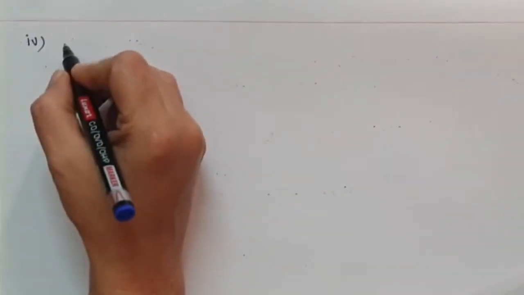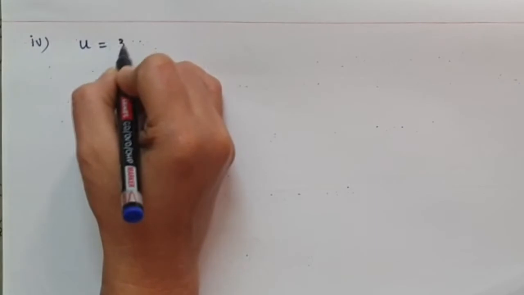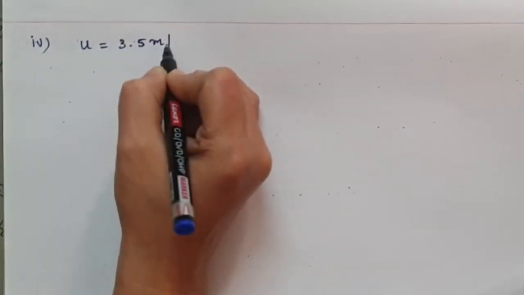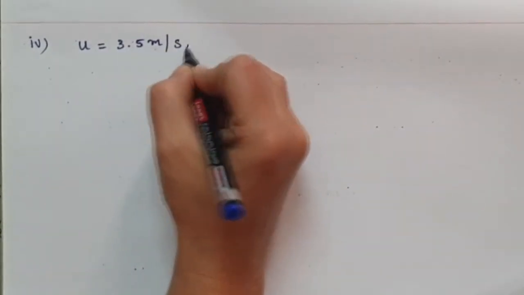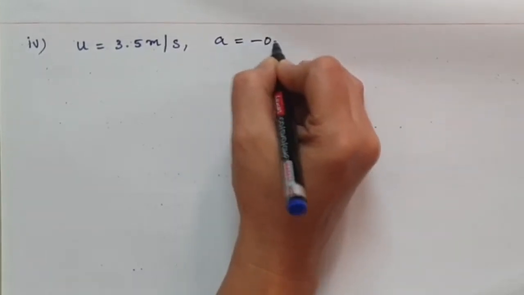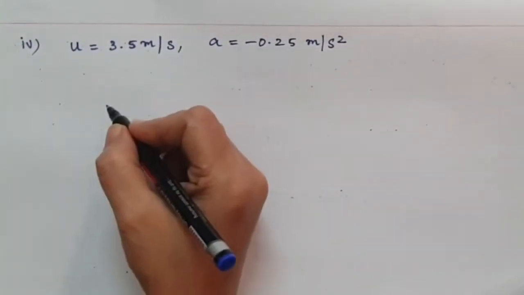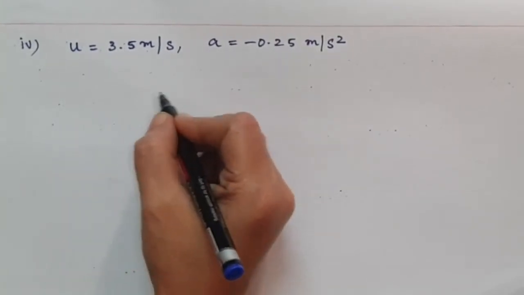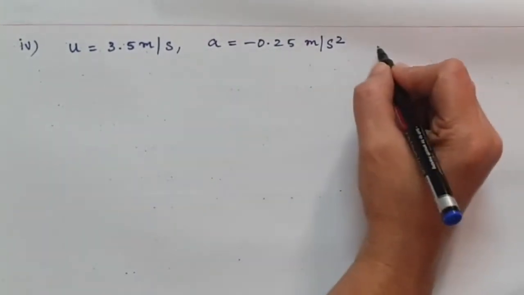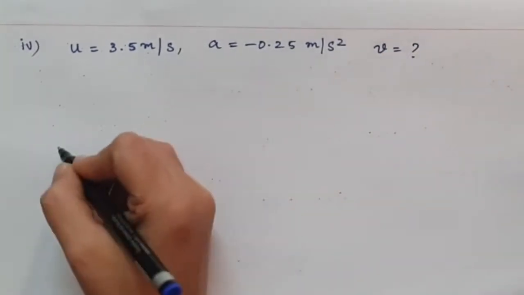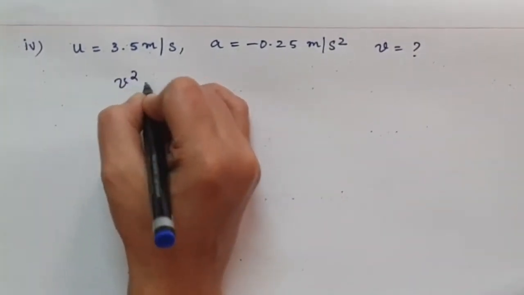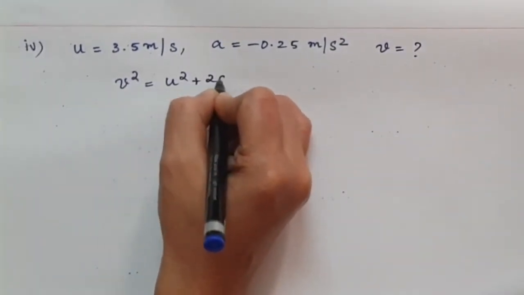In the fourth part, the information which we know is u equal to 3.5 meter per second and a equal to minus 0.25 meter per second squared. We need to calculate the speed at which the particle passes through A. That is the final velocity we need to calculate. So it is v squared equal to u squared plus 2as.